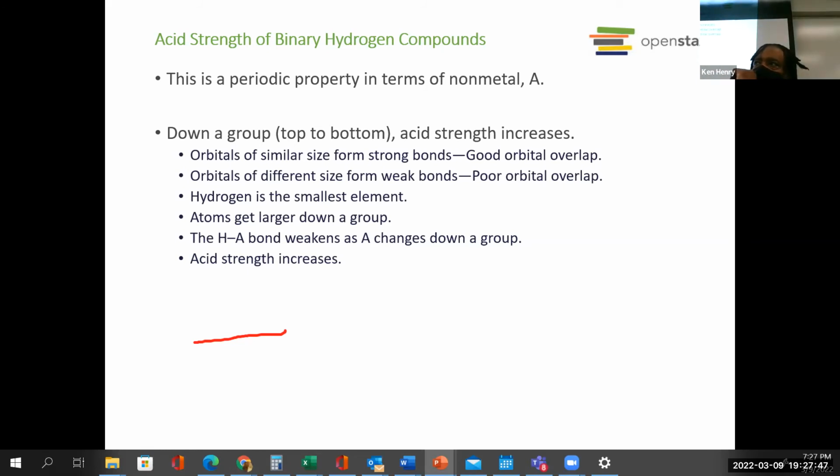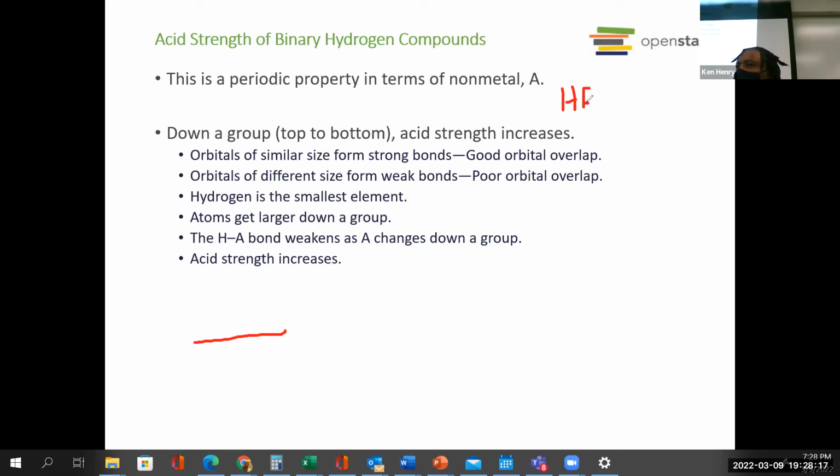And then you're going to say, but what about hydrogen fluoride? Hydrogen fluoride is a weak acid, right? But that's a weak acid not because of a strong bond as such, it's because fluoride is so small that it really keeps hydrogen close to it.